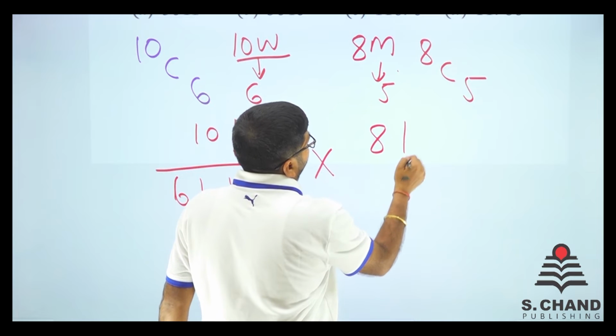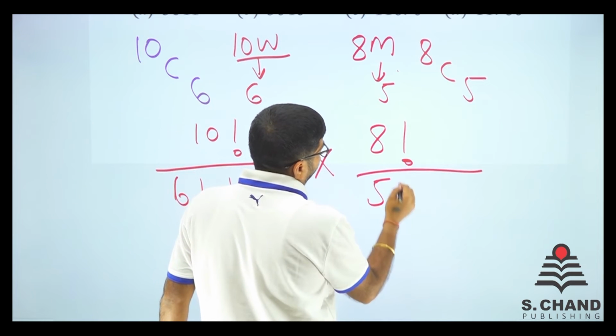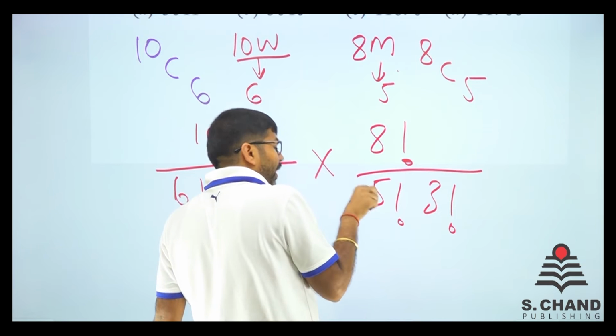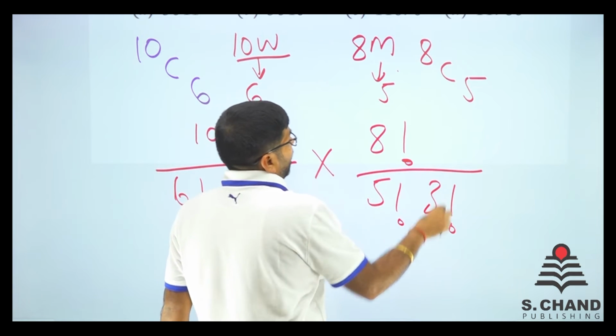Multiplied by 8 factorial divided by 5 factorial and 3 factorial, because it is N factorial divided by R factorial and N minus R factorial.